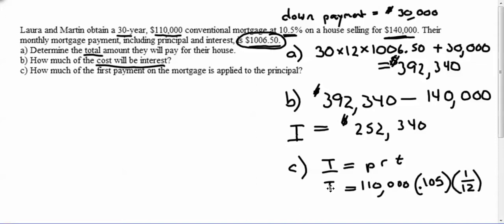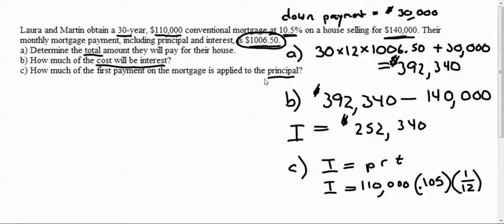Now remember, this gives the amount of interest, and the question said how much goes towards principal. So we first have to figure out what this is. And our answer for interest should be somewhere between $0 and $1,006.50, probably closer to that $1,006 figure, because a lot of that first payment is going to go towards interest.